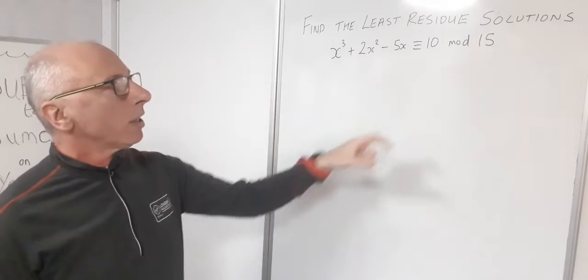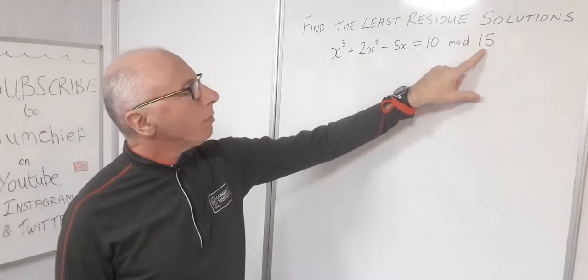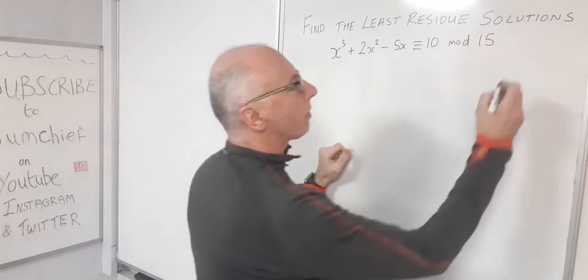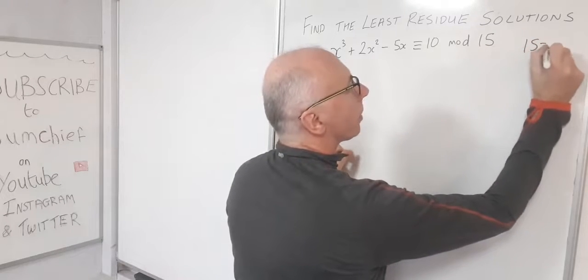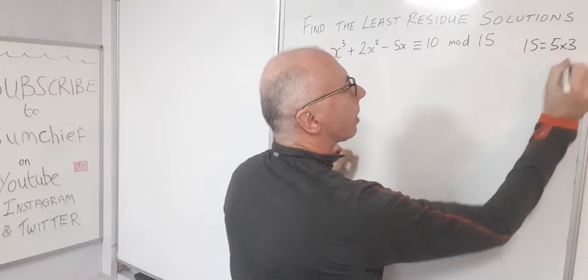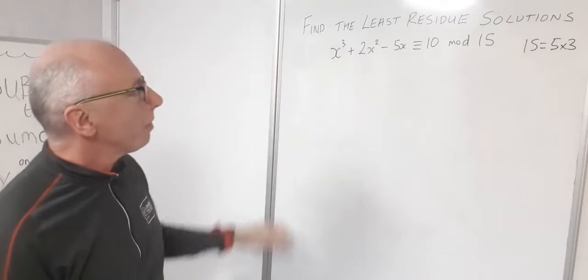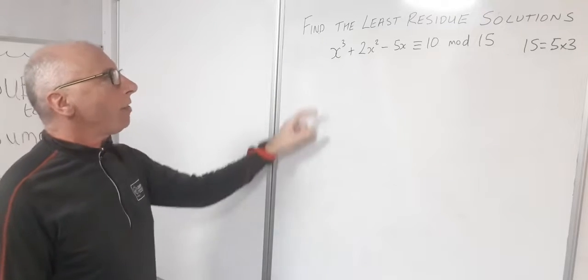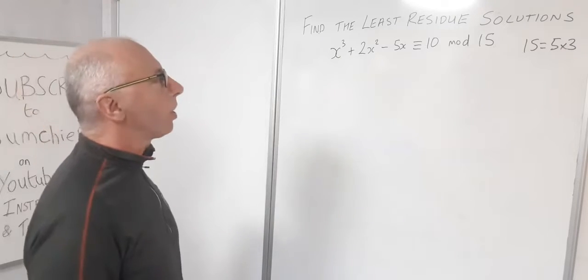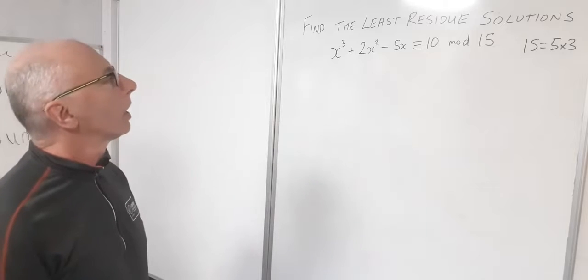So first of all, let's break up this composite modulus. The prime factors of 15 we know are 5 and 3. So 15 equals 5 times 3. So we're going to have to do something mod 5 and mod 3 with this equation. And then we need to try and factor this equation somehow, or try and find some solutions.